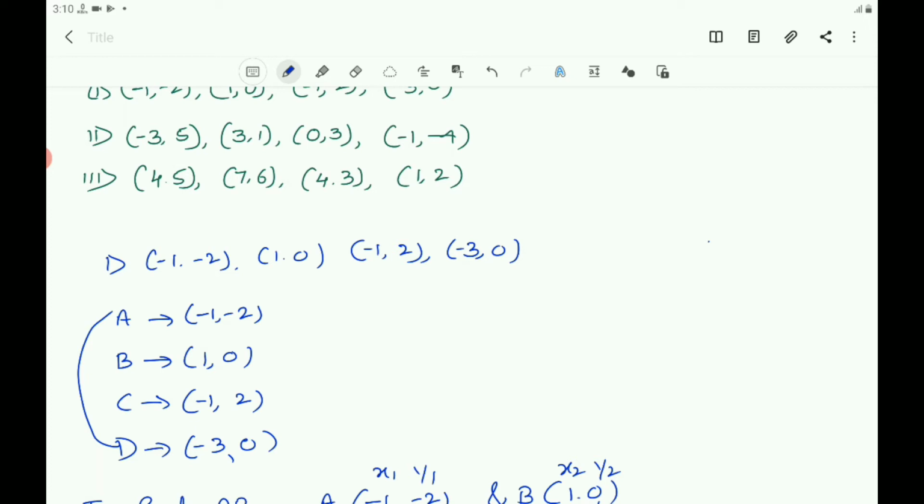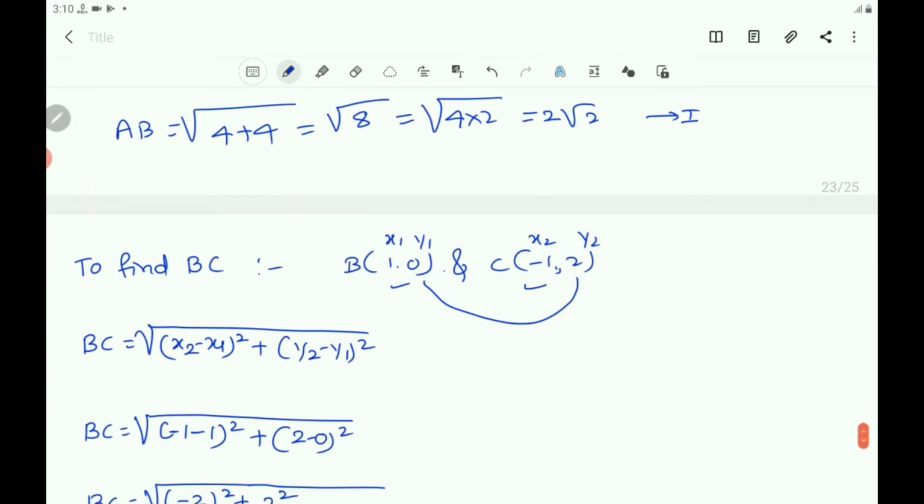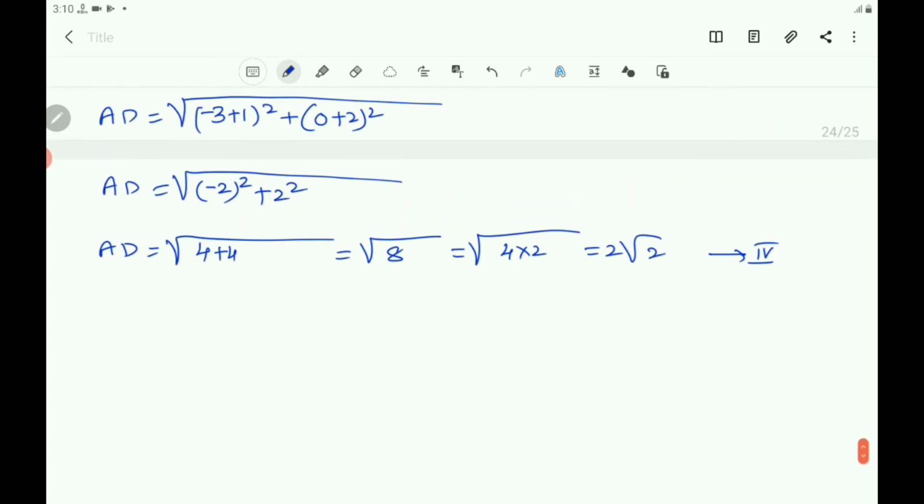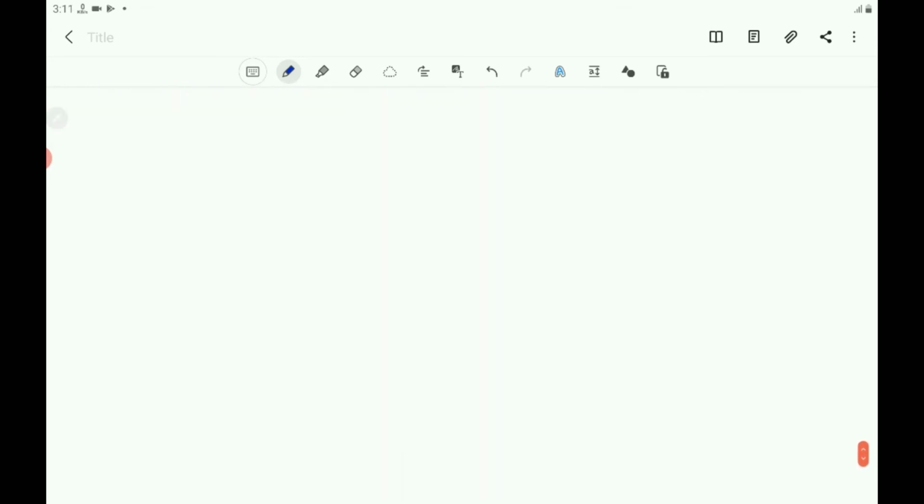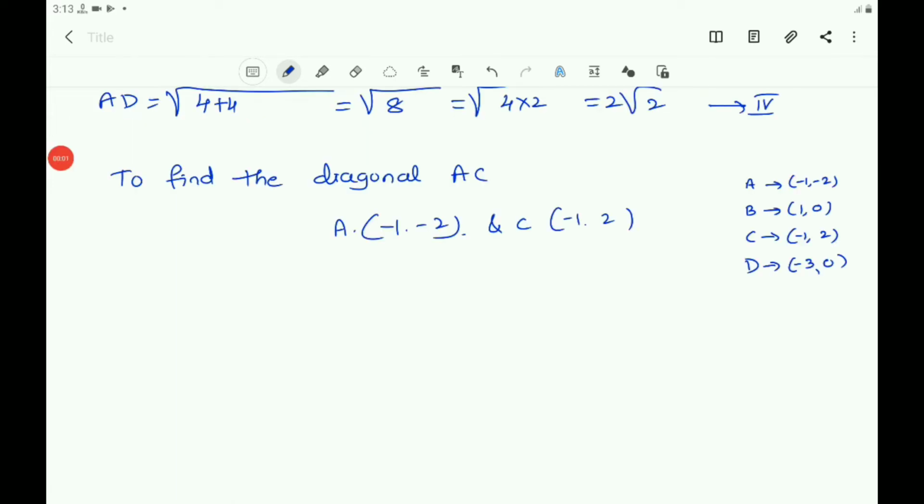So here AC. A is a point with coordinates minus 1 and minus 2, and C is a point with coordinates minus 1 and 2. So you write, to find the diagonal AC, A is a point with coordinates -1, -2, and C is a point with coordinates -1, 2.